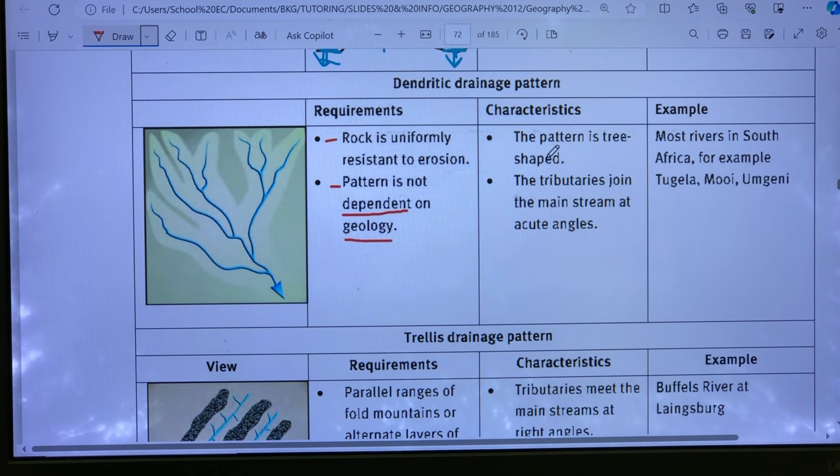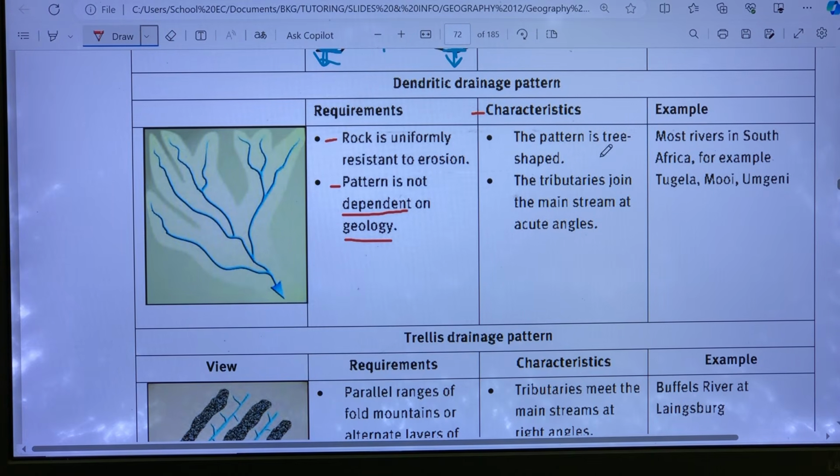All right, so let's talk about the characteristics. The pattern is tree-like shaped. As you can see, the pattern is tree-like shaped, as I told you it's very common. Even if I'm drawing a drainage pattern for you, I'm just going to draw something similar to a dendritic pattern, okay?